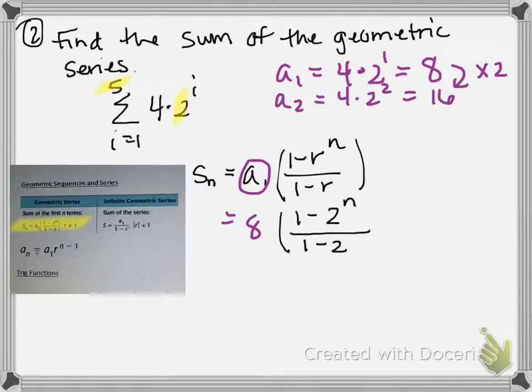Oh, oops. I know what the n power is. N is going to be this number right here, 5. So 2 to the 5th. Okay, let's figure out what this is.